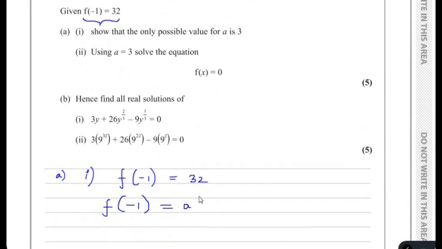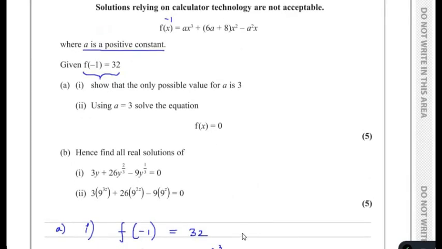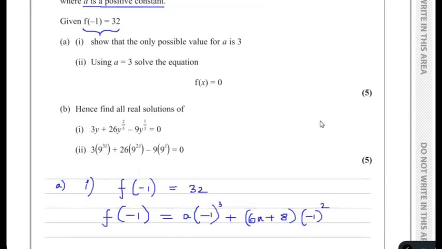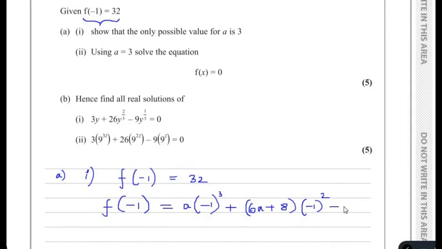So a times minus 1 cube plus 6a plus 8 times x squared, so it is going to be minus 1 squared, and finally we have minus a square x, so minus a square times minus 1.